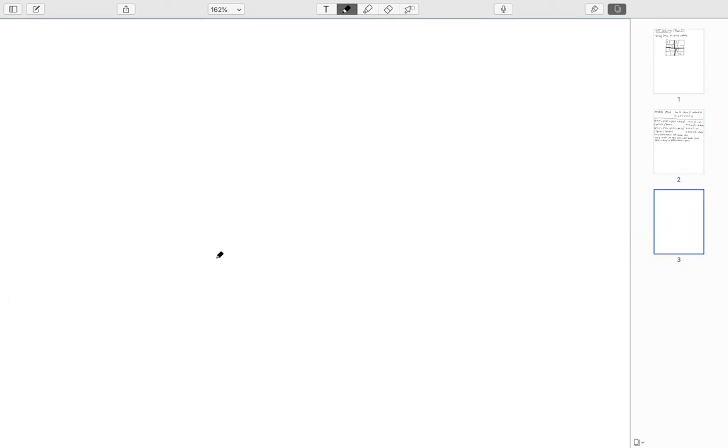For the 4 times 4 sudoku, we have 4 cubed, that's 64 variables.